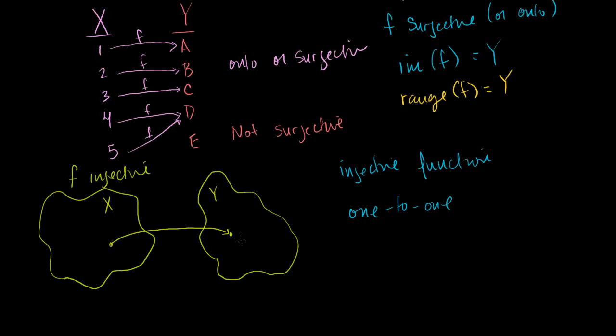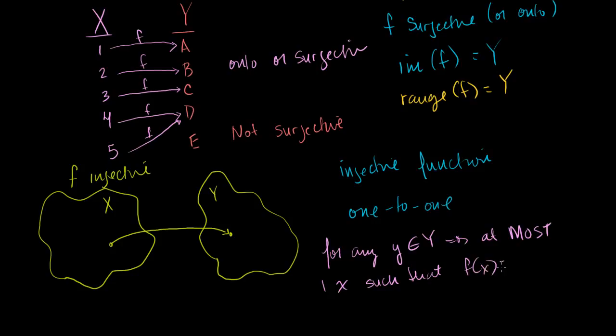Or another way to say it is that for any y that's a member of y, there is at most one x such that f of x is equal to y.